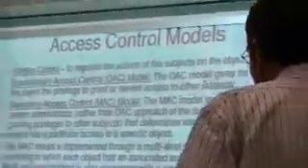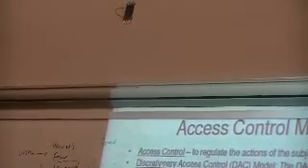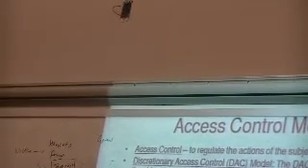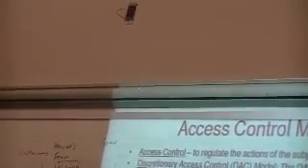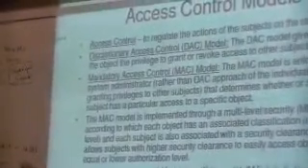Okay, so some of this would overlap with operating systems, but in general, what are the ways you could control access to objects? We'll use some terminology like subject and object. Subject normally means the user who tries to do something, and object is normally the resource, a file or some data that the user wants to access.